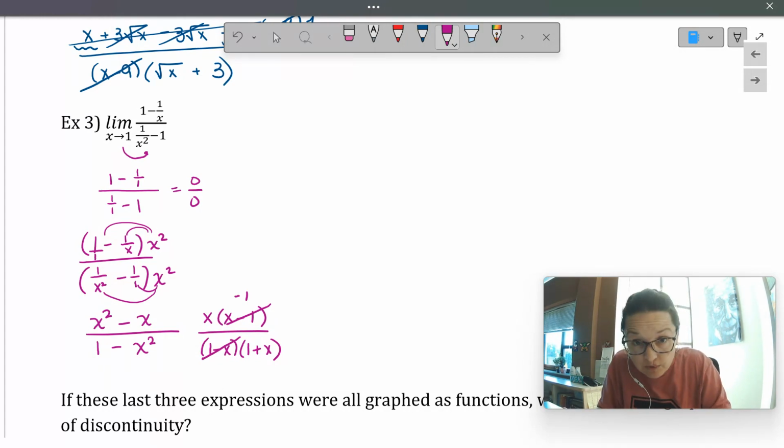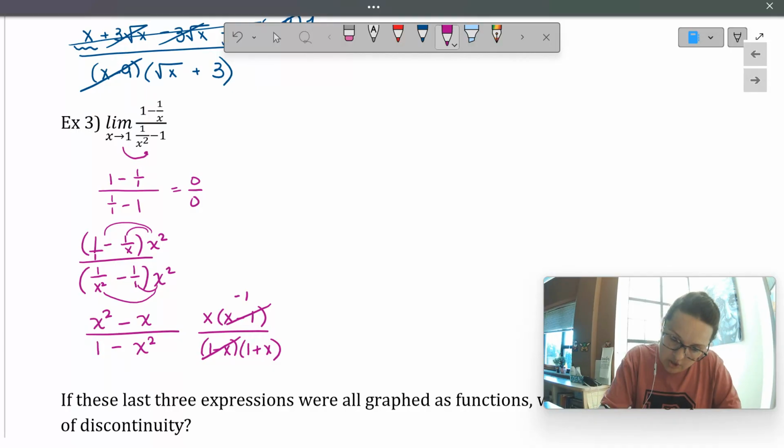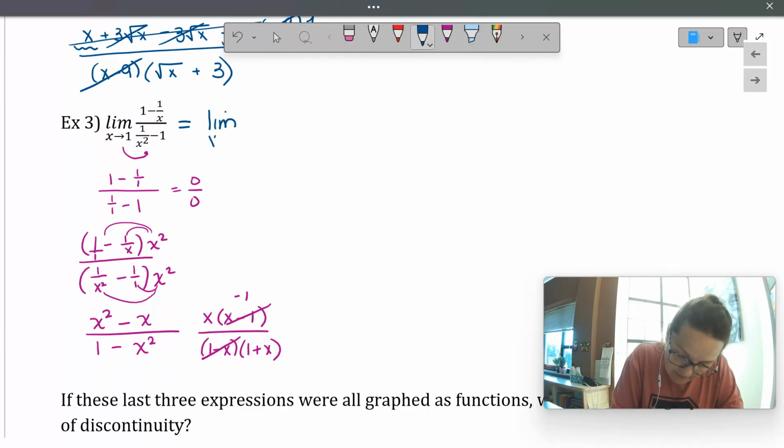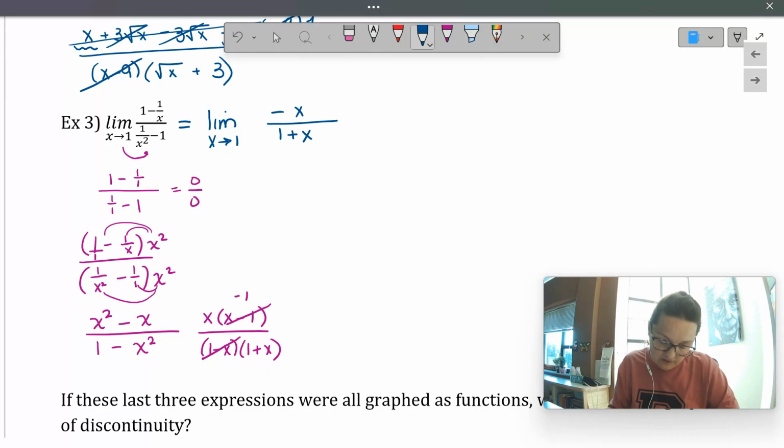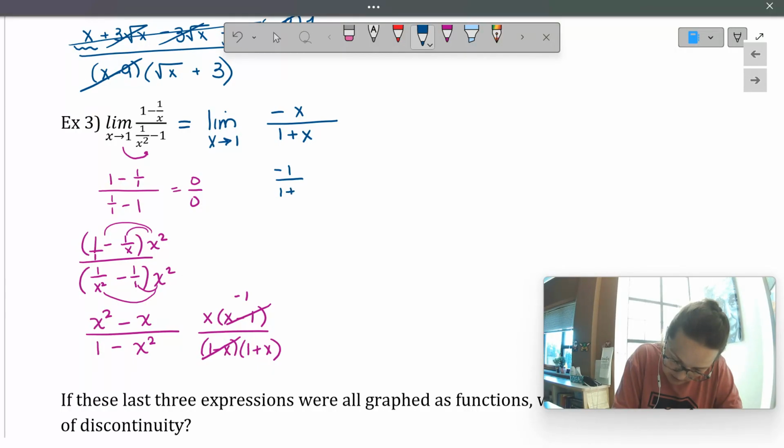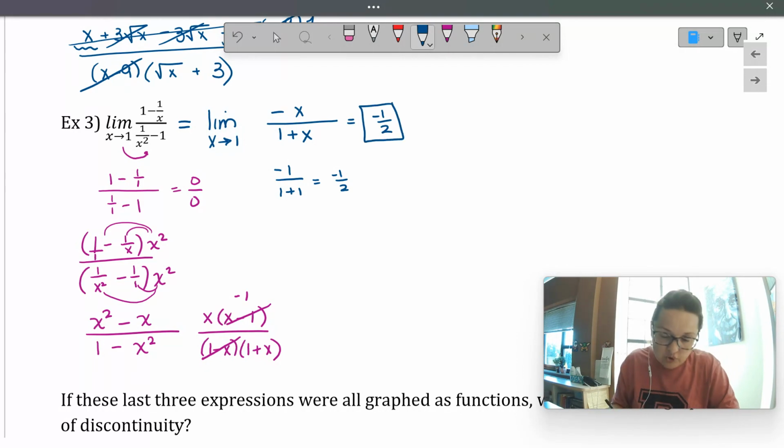Notice I haven't used an equal sign because I know I'm artificially eliminating some things that would be undefined. So my original limit can now be rewritten as -x over 1 plus x. And as x approaches 1, that's going to be -1 over 1 plus 1, which is -1/2.